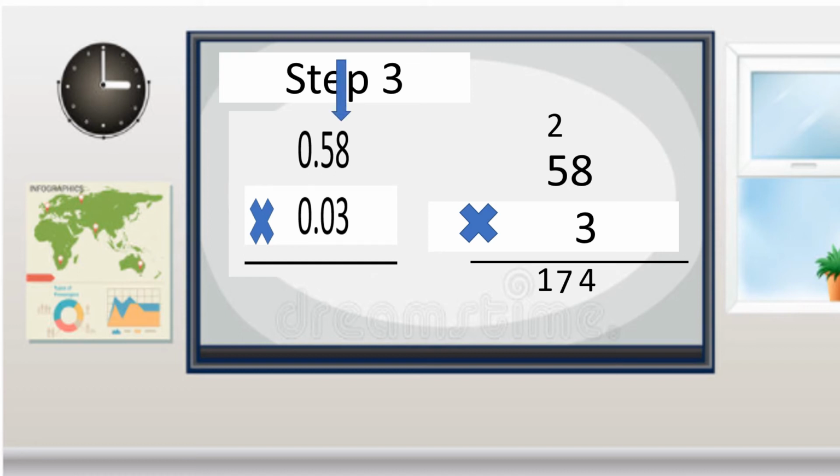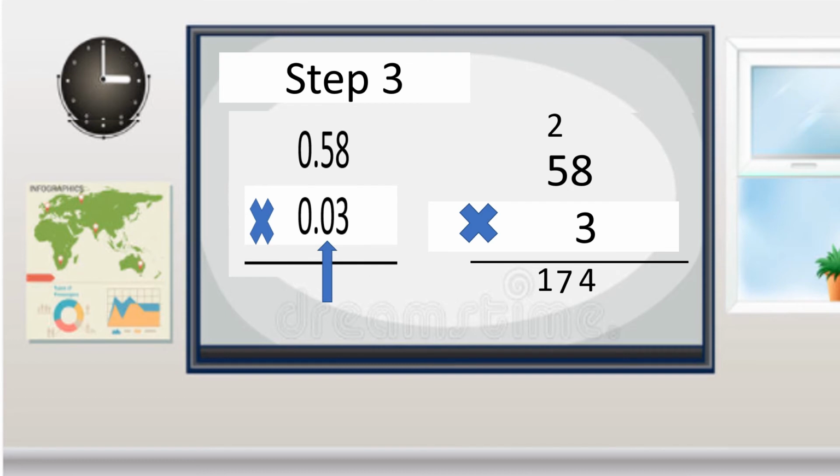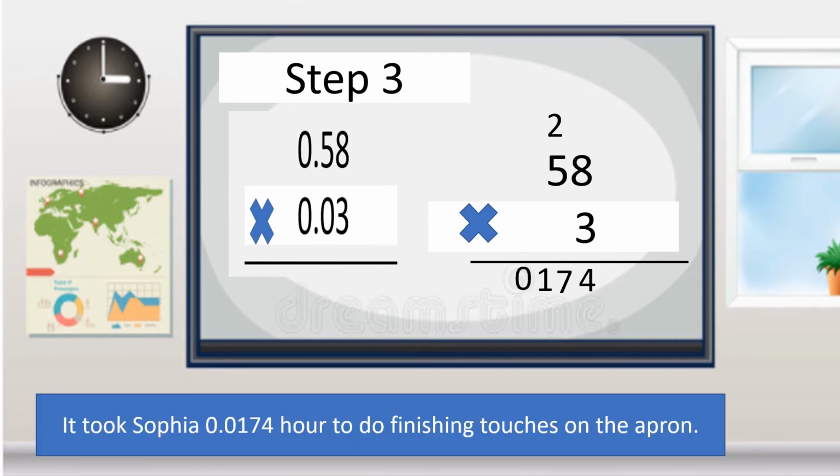So we count 1, 2, 3, 4. It took Sophia 0.1740 hours to do the finishing touches on the apron.